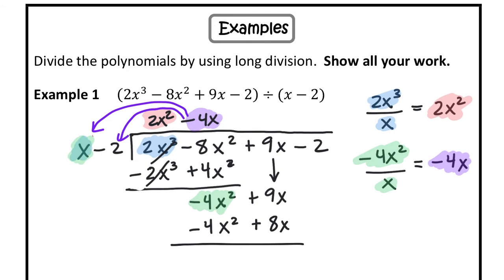Then we're going to subtract. So again, what does the subtraction do to the signs? It's going to change this negative to a positive, and it's going to change this positive to a negative. So let's change them.